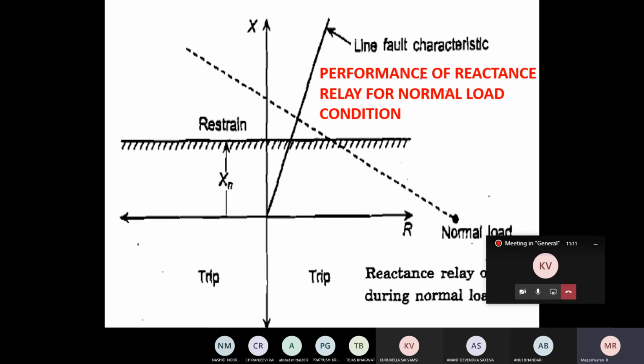The reach is reduced. Reach is the farthest fault location with respect to the relay installation which a relay can sense.